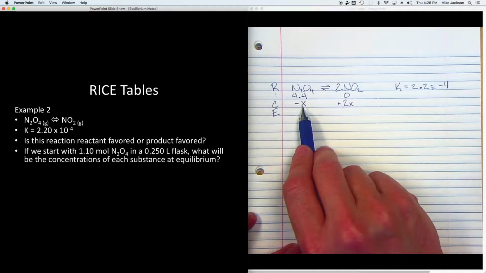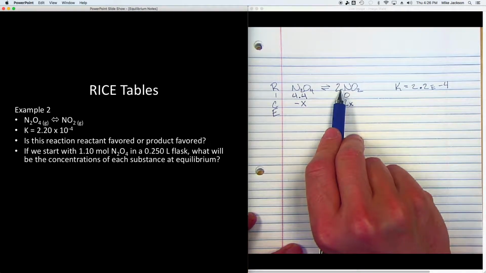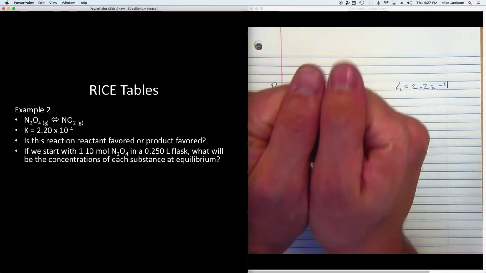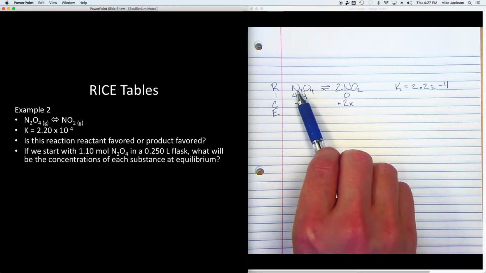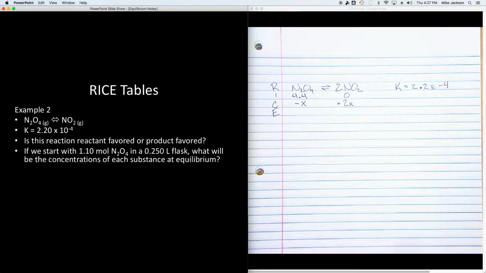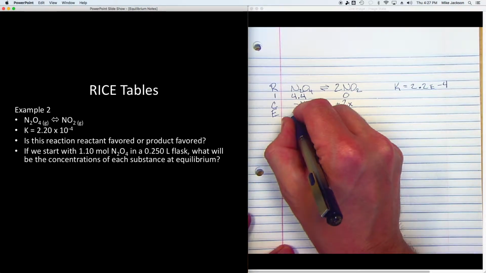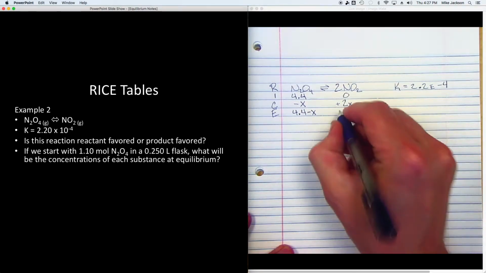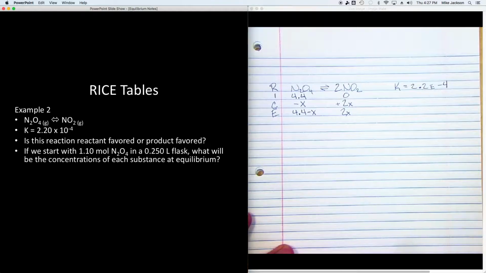So it's weird to think of, and if I lose some of this, I can gain twice as much of this, but it becomes that because of the product. And literally, this is me taking this molecule and just cracking it in half. So for every 1 of these I have, I crack into 2 of those, which means our equilibrium values is 4.4 minus x, and then 0 plus 2x is 2x.